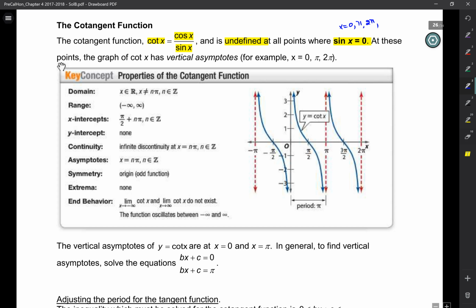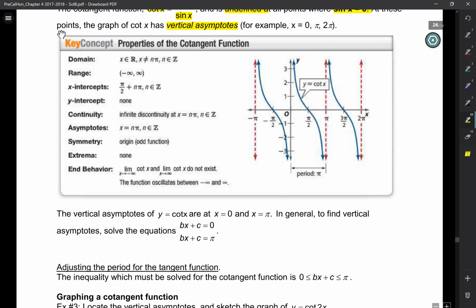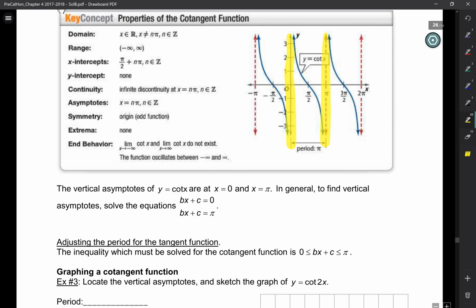At those points, it has vertical asymptotes. So, because we hit an asymptote at 0 and then another one at pi, cotangent goes from 0 to pi. Okay? Period is pi one more time.